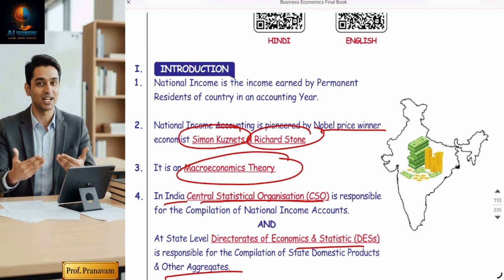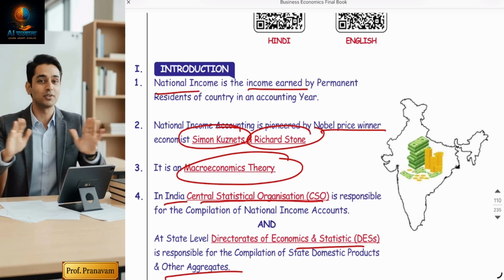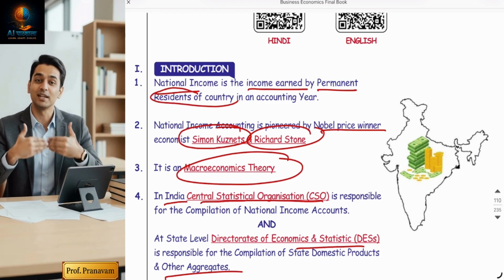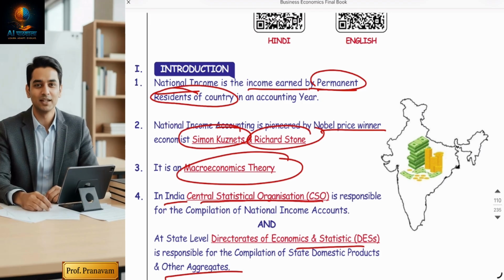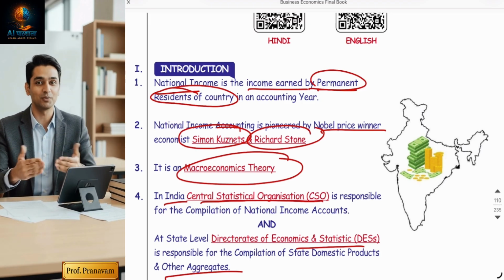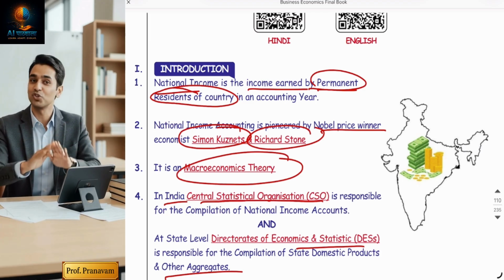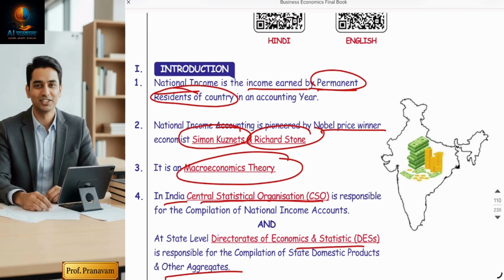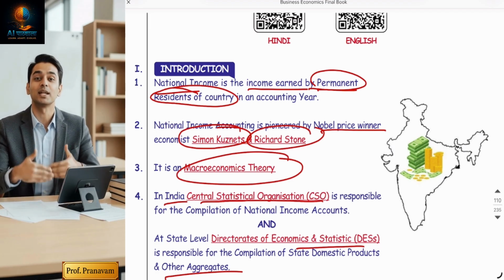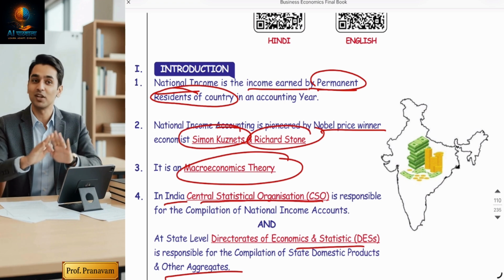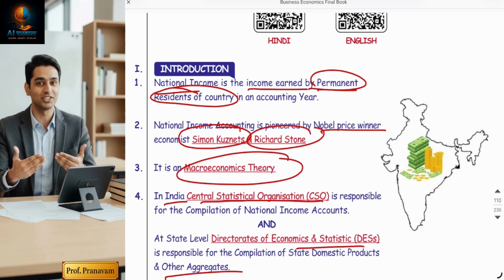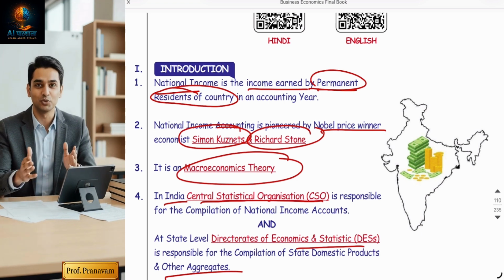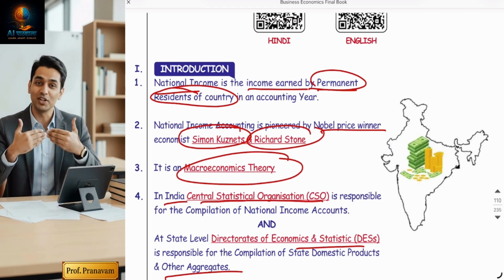Hence, the concept is that national income is the income earned by permanent residents of the country, irrespective of whether they have earned from India or from outside India. Means national income includes income earned by permanent residents. From India's point of view, it's the income earned by the 140 crore population in a year, irrespective of whether they have earned from India or from outside India.